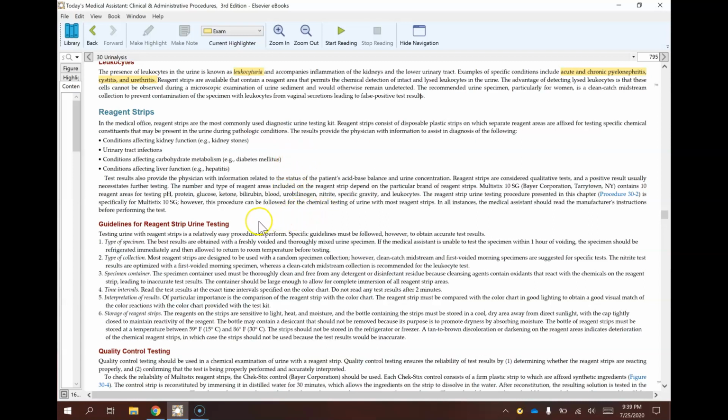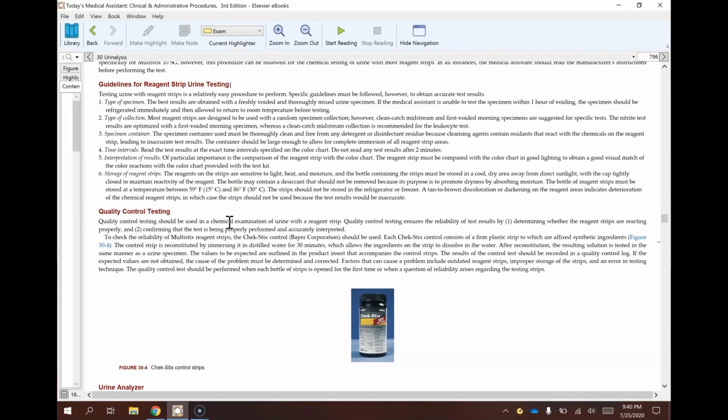And the urine specimens are very common in the urology office that I worked for. Every single patient that came in, whether they had symptoms or not, was required to provide a sample. So this talks a little bit more about how you should use those dipsticks.